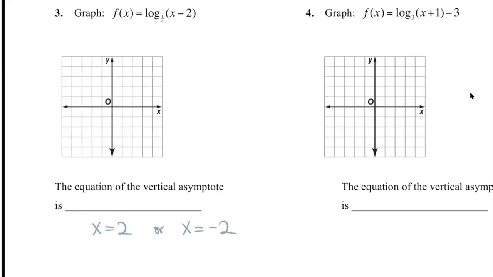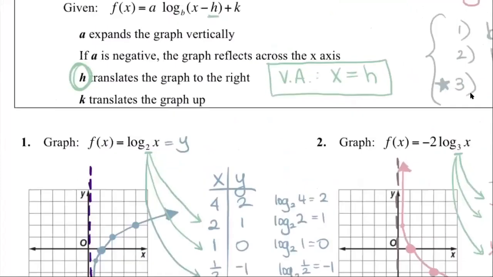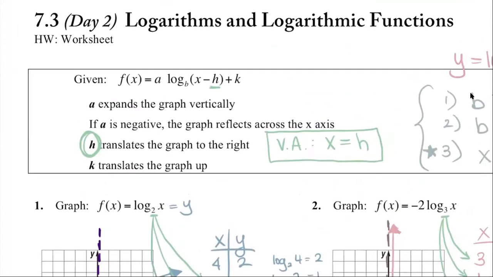Okay, so let's figure out which one it is. So looking back at the formula up here, this is x minus h. So in the problem, it was x minus 2, which means h should be equal to +2. All right, so be careful with that minus there.